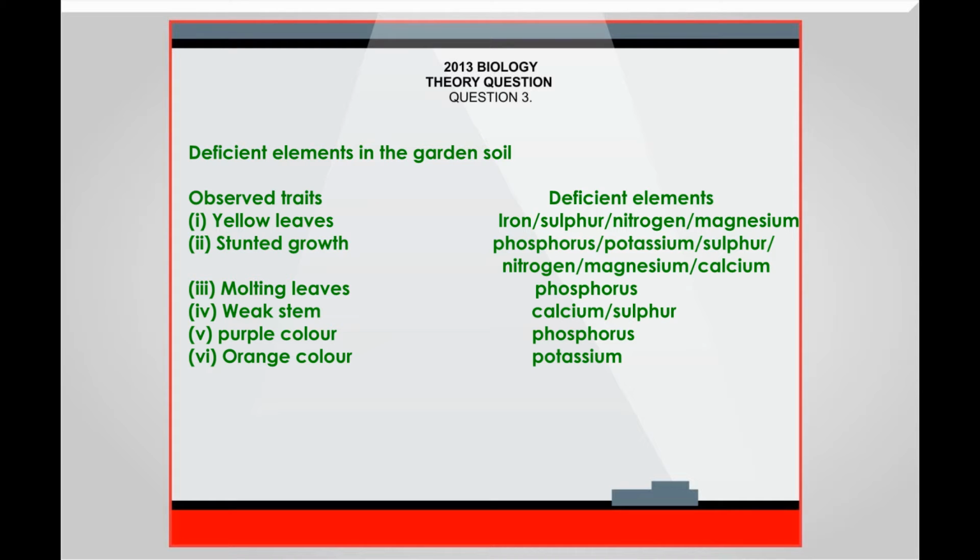Mottling leaves. Deficient elements: phosphorus. Weak stem. Deficient elements: calcium, sulfur. Purple color. Deficient elements: phosphorus. Orange color. Deficient elements: potassium.